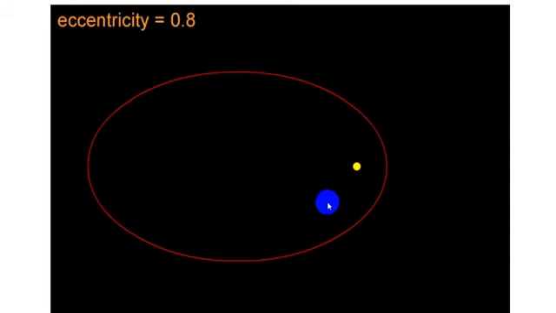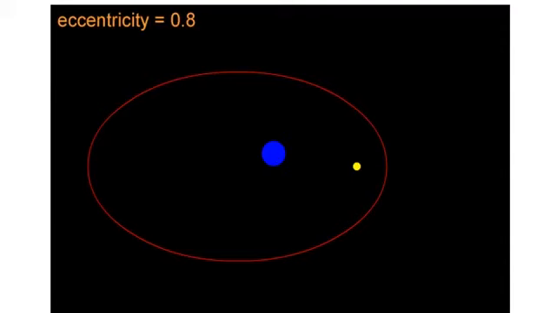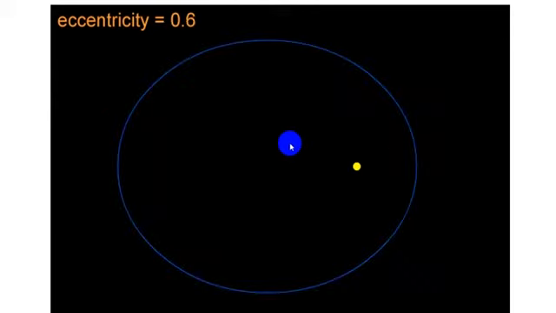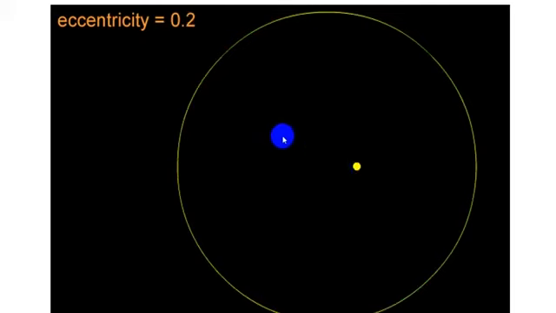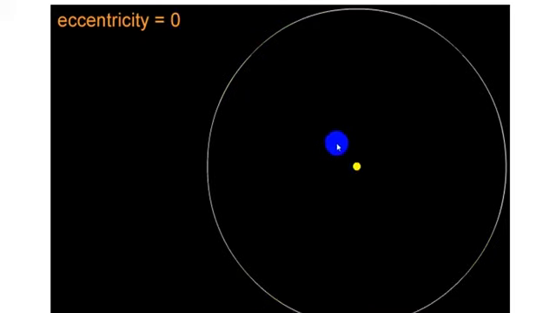Let's see. As you see here, this one is 6 and the other one 4. The more you go toward 0, it will be a circle.